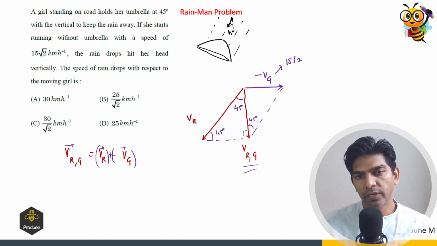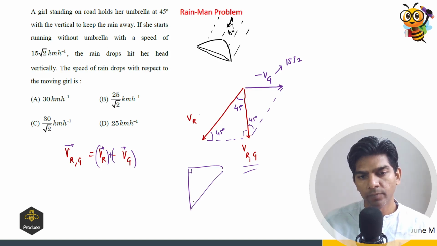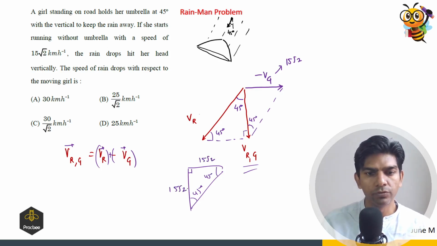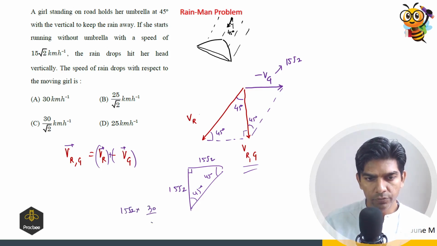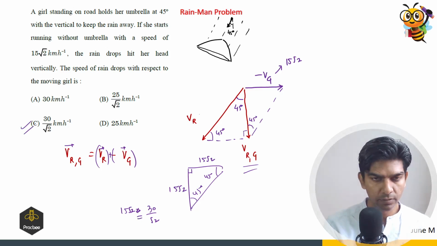So Vrg we have to calculate. So in this right angle triangle, this is 45, this is 45, this is 15 root 2. So this has to be 15 root 2, right? So 15 root 2 can also be written as 30 by root 2. So option C is the right answer.